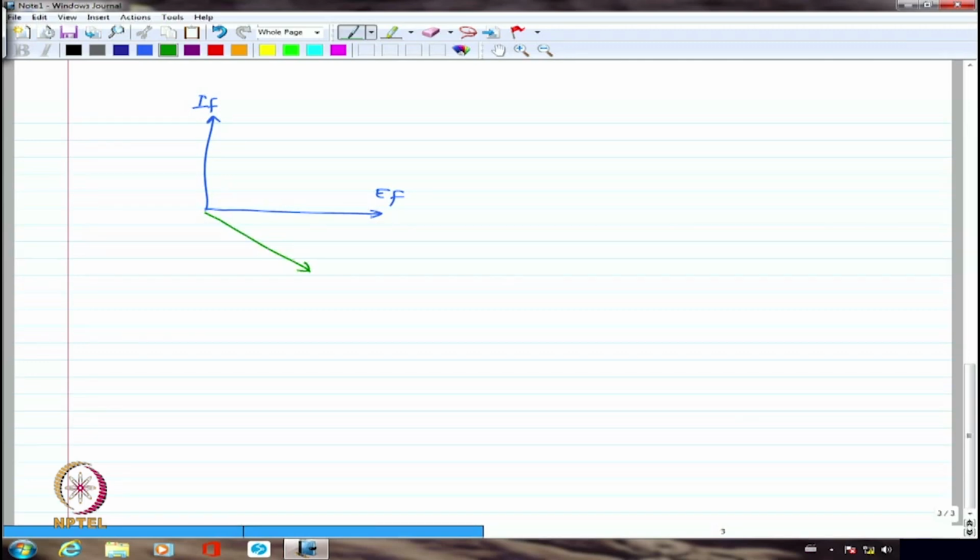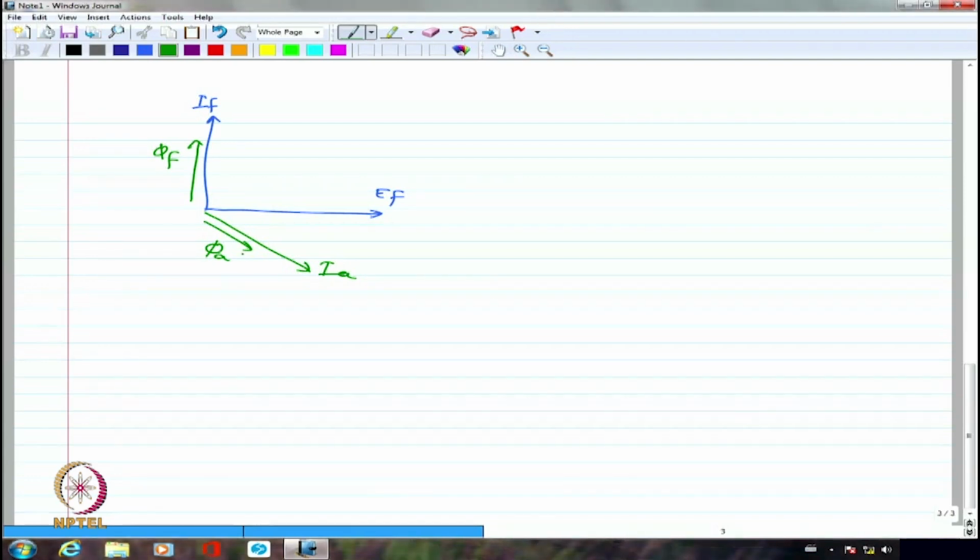So if my IA is somewhat like this, then please note phi F is here, phi A may be somewhere here, depending upon the reluctance offered and so on. So now please note that phi F and phi A may be rotating at the same speed, but they are not in phase with each other, not at all, absolutely not.